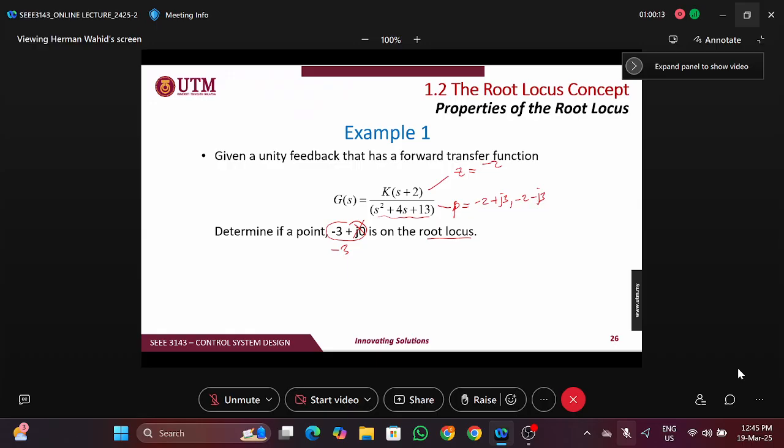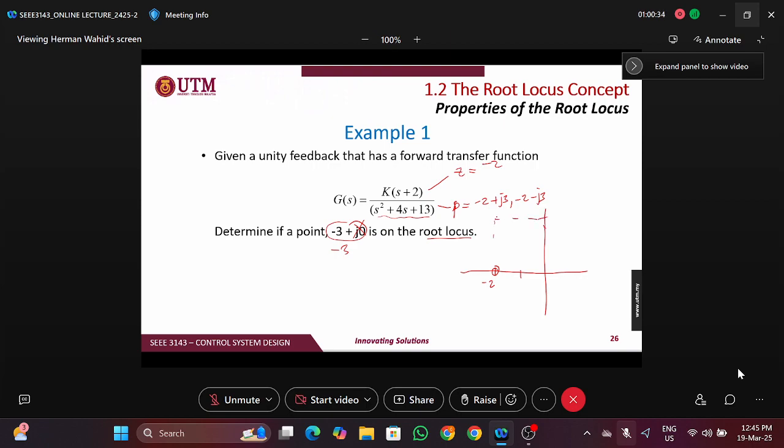Okay, so with the same procedure, we locate the zero and also the poles. So the zero at -2 here, and the poles are -2 plus j3.